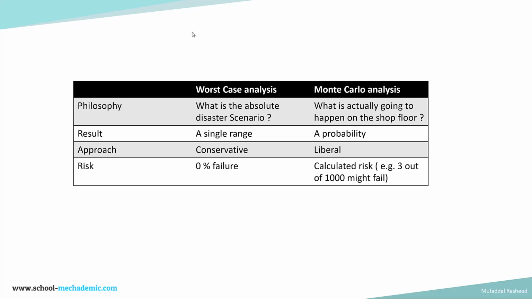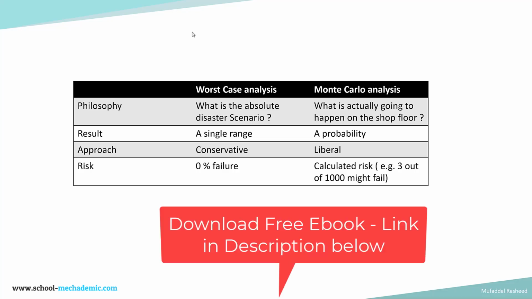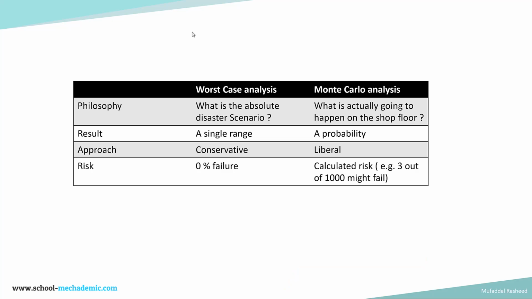The philosophy in worst case is: what is the absolute disaster scenario? We are only worried about the worst case possible. Whereas in Monte Carlo, what is actually going to happen on the shop floor is what we are simulating. So in worst case, we are only looking at the worst case scenario, whereas in Monte Carlo, we want to simulate the process.